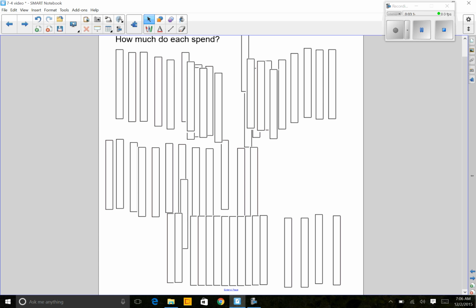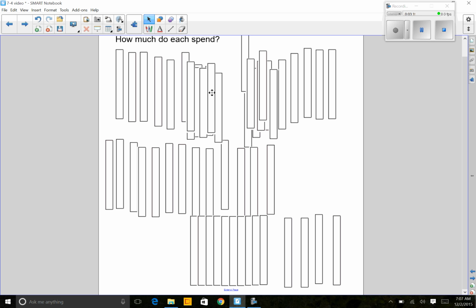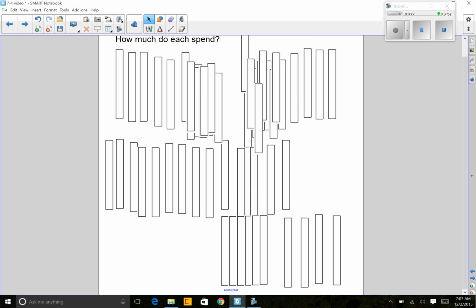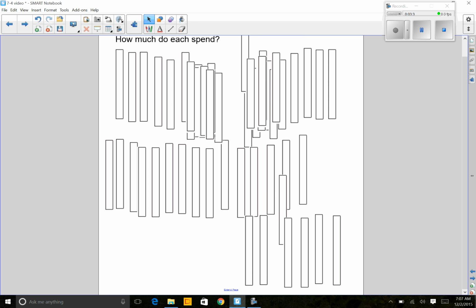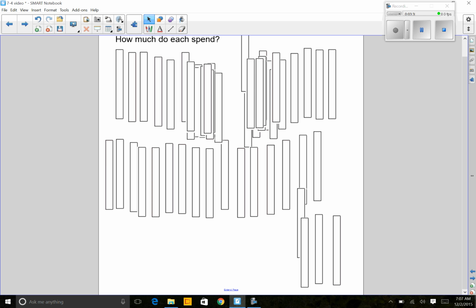The top two groups we're not going to count out. We're just going to count out one of these, putting them out equally. Almost there. And it came out even.